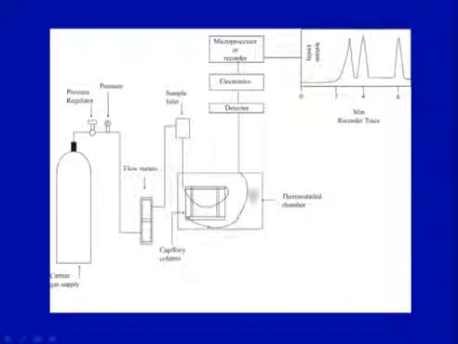The analyte from the column will pass through the detector, then certain electronics, microprocessor and amplifiers, and finally the data recorder, and you will see the peaks here as you see in other chromatography techniques. So, the principles are the same, based on partitioning between the gas and the liquid phase.